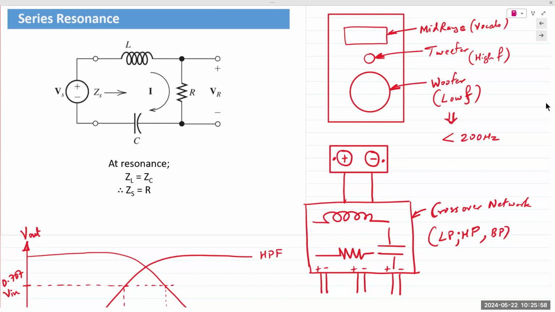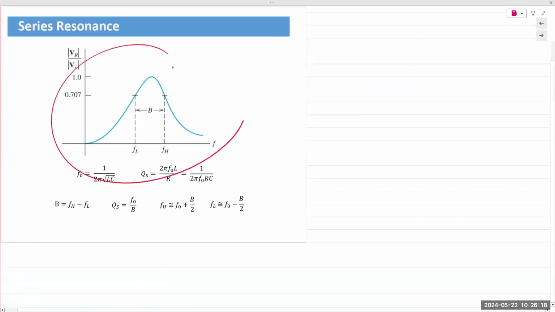So at resonant frequency, ZL plus ZC is 0. The only thing left in the circuit is R. Output is maximum. For all other frequencies, greater and lower than F0, the resonant frequency, the output is lower. And so you obtain a characteristic that looks like this. Output is maximum at resonant frequency.